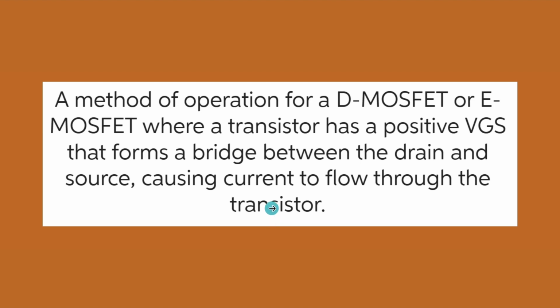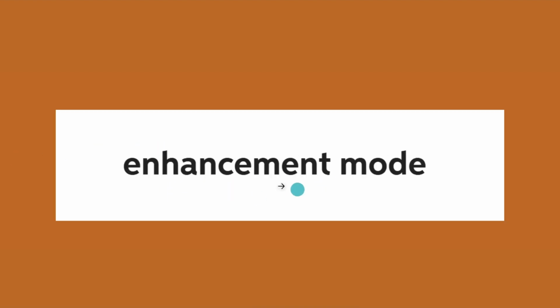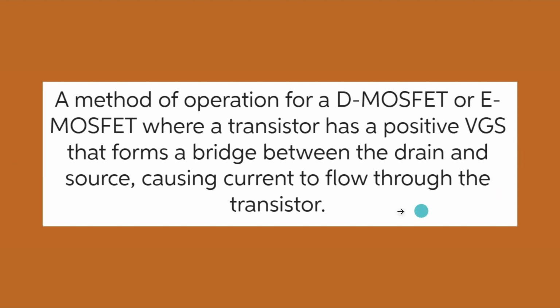Alright, so what we have understood is, in this method of operation for DMOSFET and eMOSFET, the transistor has a positive V_GS, of course, and that will form a bridge between drain and source and cause the current to flow through the transistor. That's kind of cool actually, if you can remember it. This is enhancement mode.